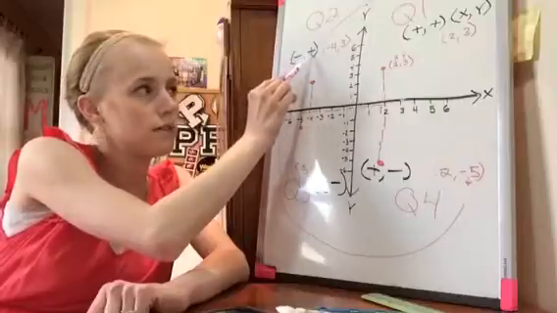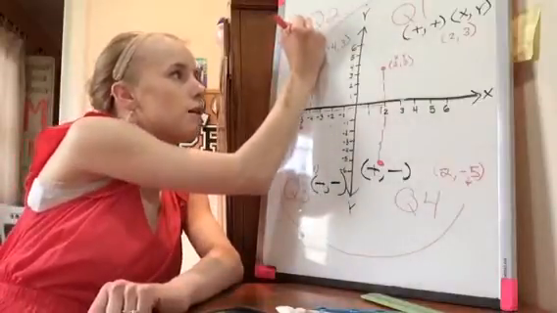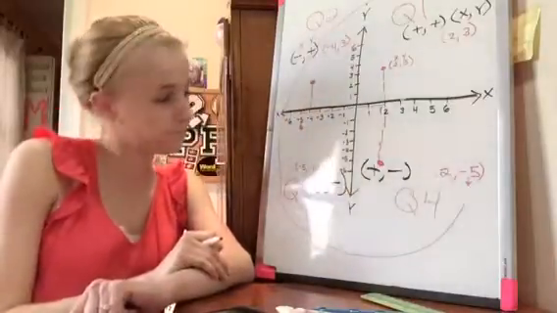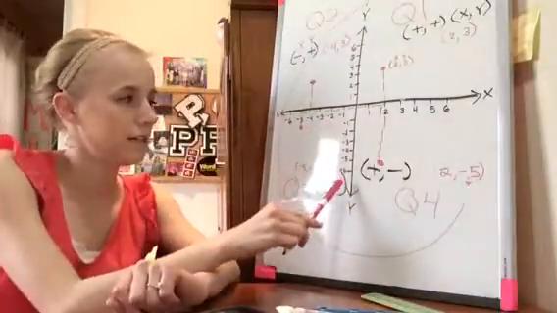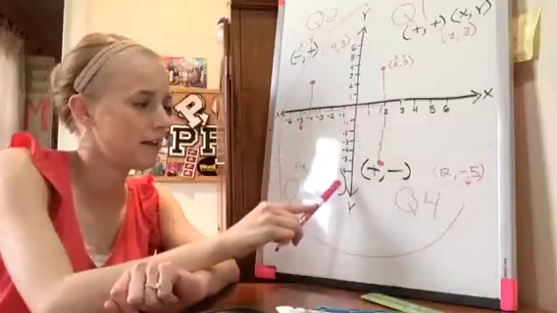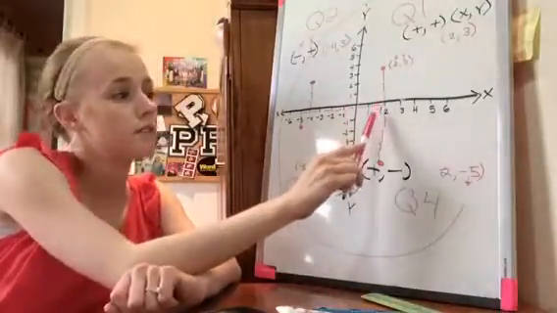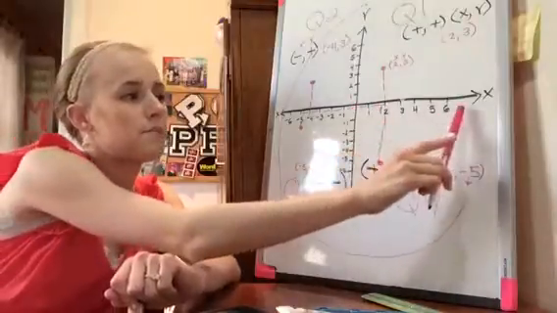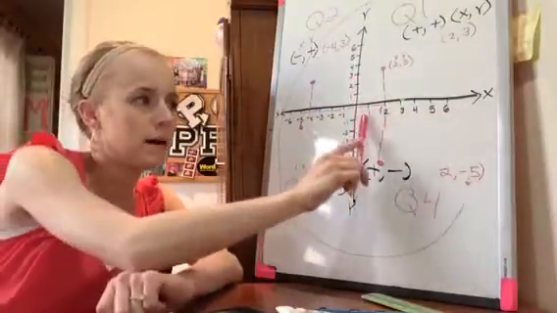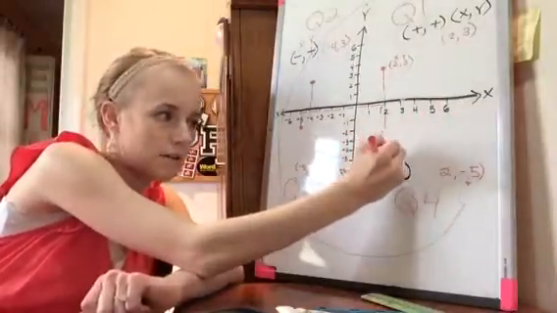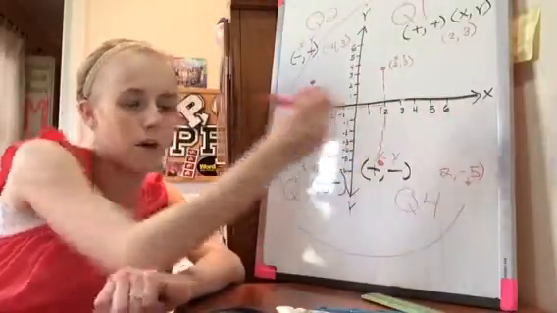The order it goes in depends on our point, because remember, we always do x and then y. Over here, it's surrounded by negative, negative, so both our numbers will be negative. Then over here, we have positive, then negative. The positive goes first because we always do our x value and then our y value.